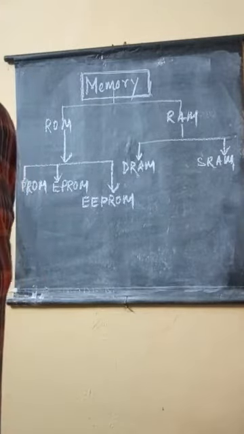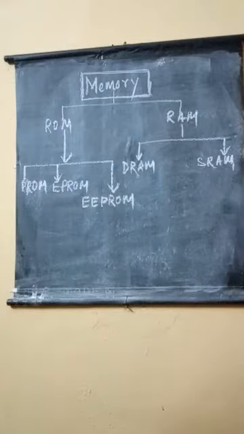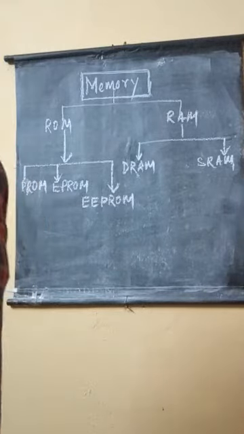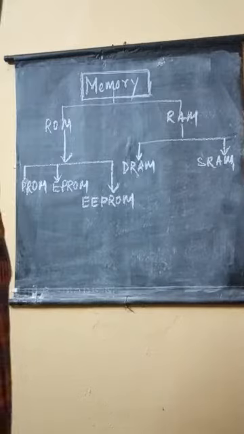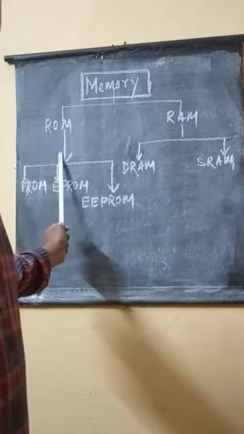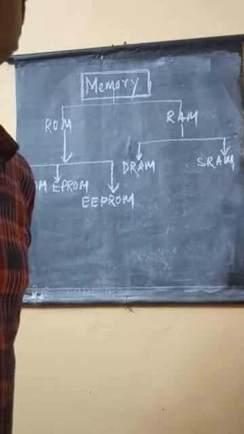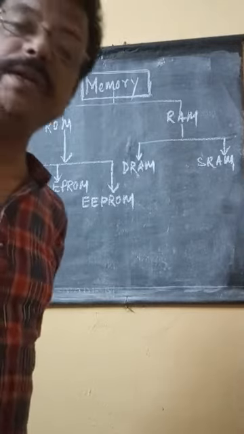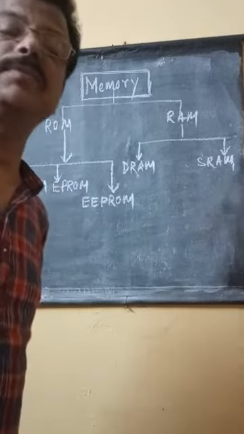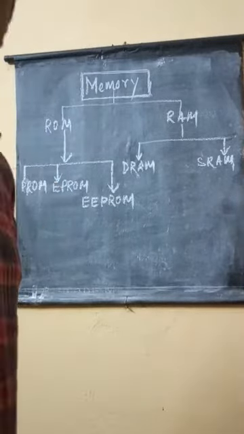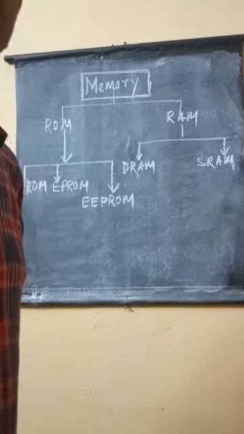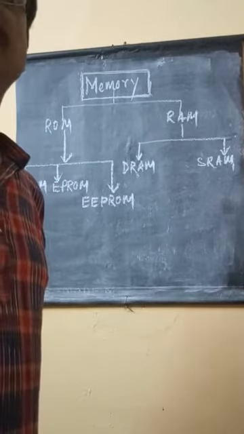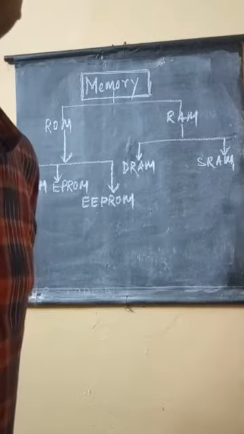And all those instructions are permanently stored in the ROM section. When you switch on the computer, the computer automatically starts to read that instruction from the ROM, and gets ready, by which your work can be performed.